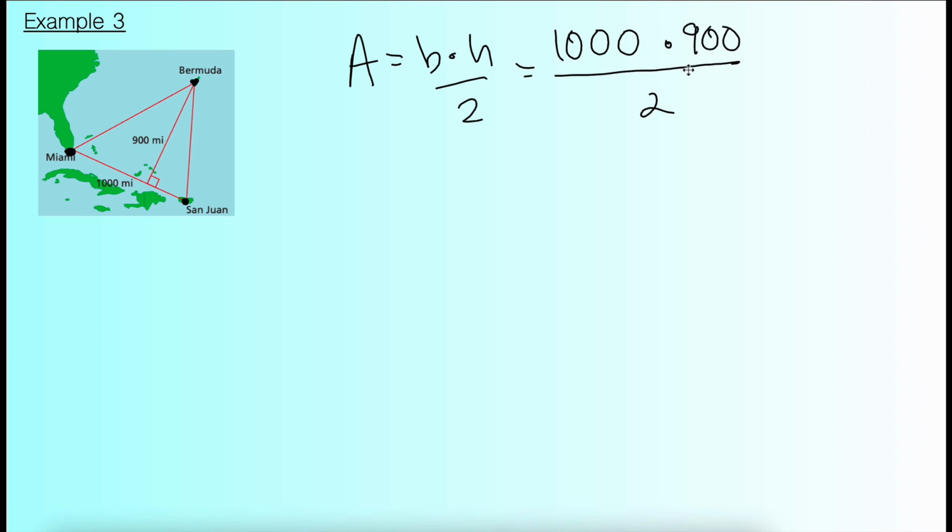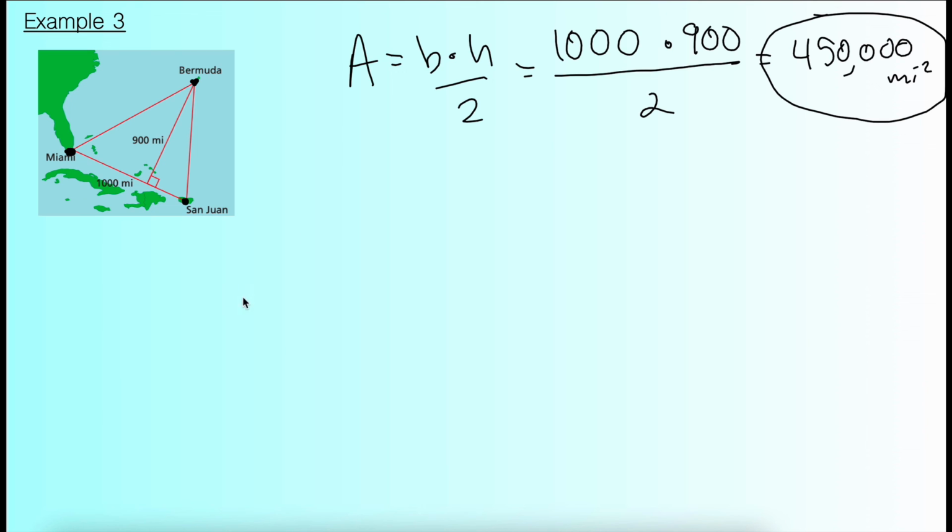So 1,000 times 900 is 900,000. Divided by 2 is 450,000 square miles. So the Bermuda Triangle takes up 450,000 square miles of space in the Atlantic Ocean, just off the coast of Florida.